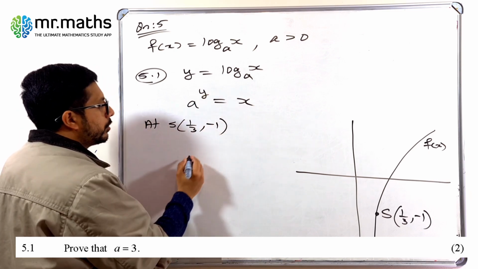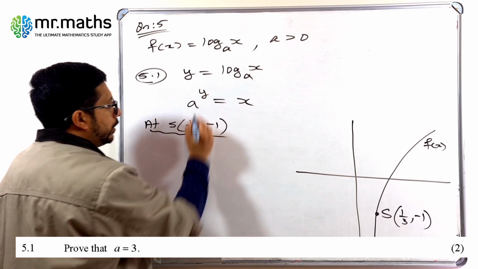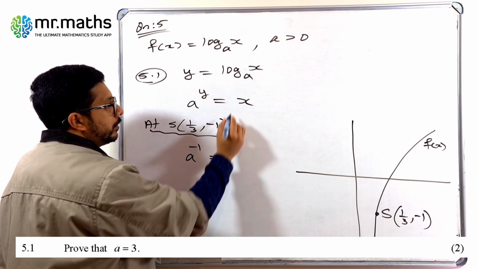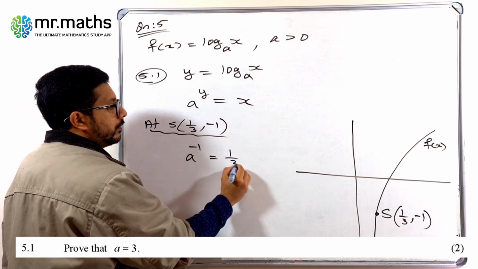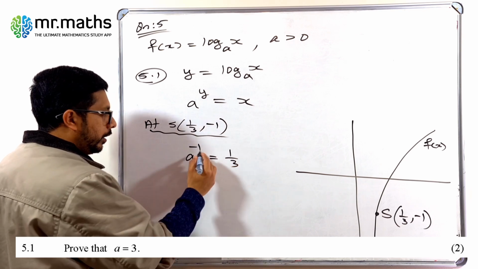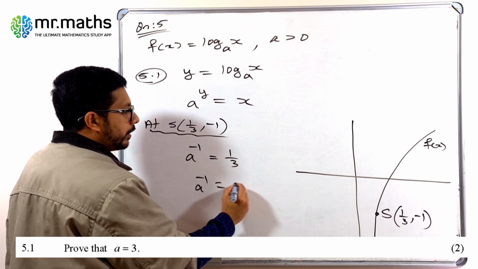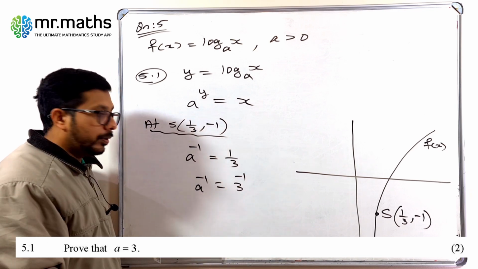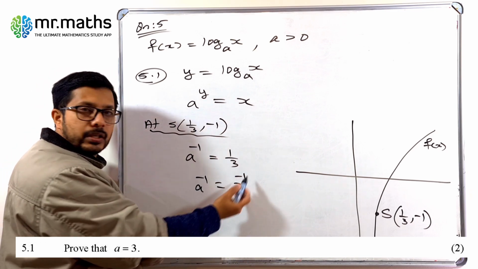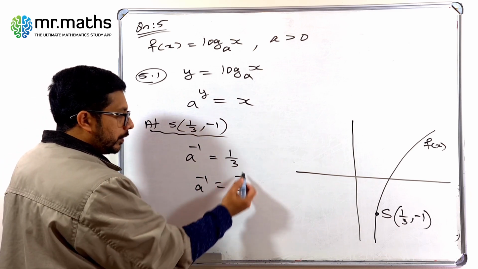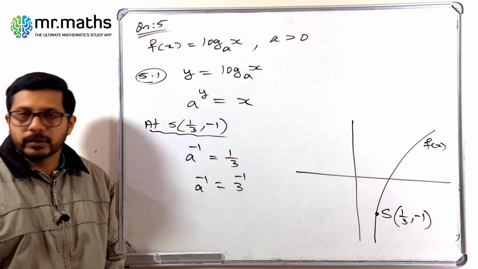Just substitute. a raised to y is -1 is equal to x is 1 over 3. So it means what is a raised to -1? 1 over 3 we can write it as 3 raised to -1. Am I right? So a raised to -1 is equal to 3 raised to -1.